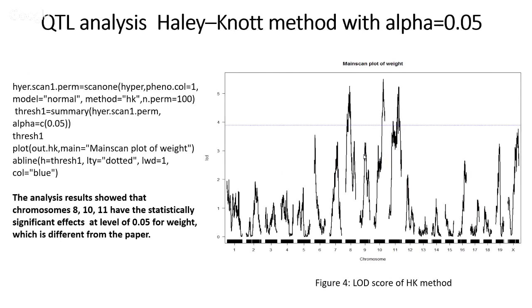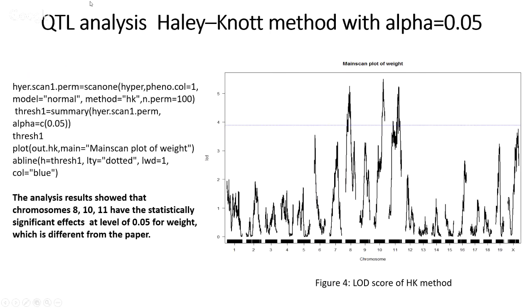From the data, we use permutation simulation to determine which chromosomes show statistically significant effect on the weight at level alpha equals 0.05.